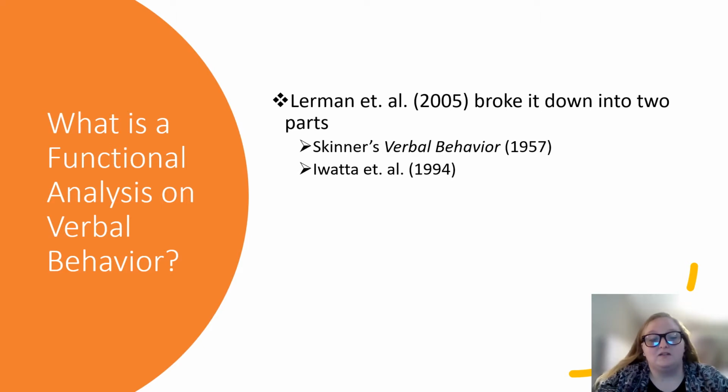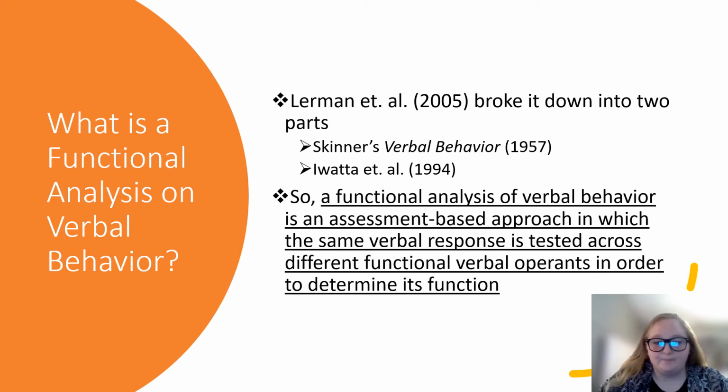But in the functional analysis of verbal behavior, we have the control phase and then 3 phases of different verbal operants, because different verbal operants have different motivating operations, SDs, whatever you would like to call it, for engaging in them. So we're basically taking that format to identify the function of verbal behavior.